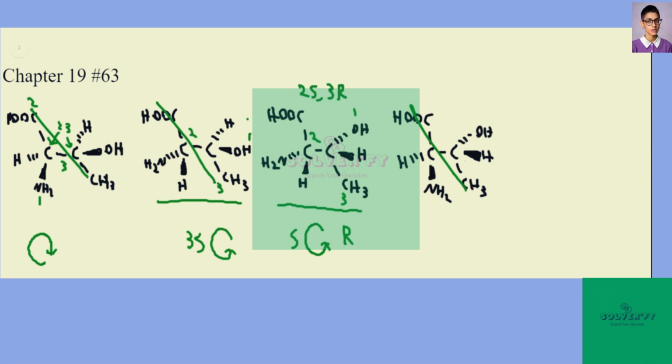All right, I'm glad I caught that mistake, because I would have given you the wrong answer. These four molecules are now drawn correctly, and this third one is the 2S,3R naturally occurring stereoisomer of threonine. And that's the answer to Chapter 19, problem number 63.